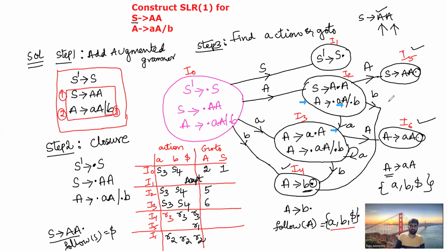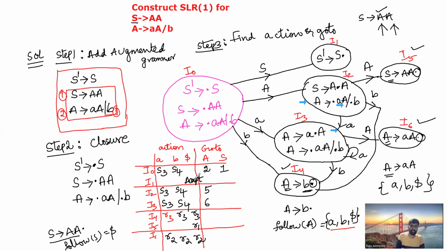So when you want to substitute I4, I5, I6, you need to find the follow of capital A, the follow of capital S, and the follow of capital A. That's why we find the follow of the capitals and write the reduce moves R3, R1, R2.